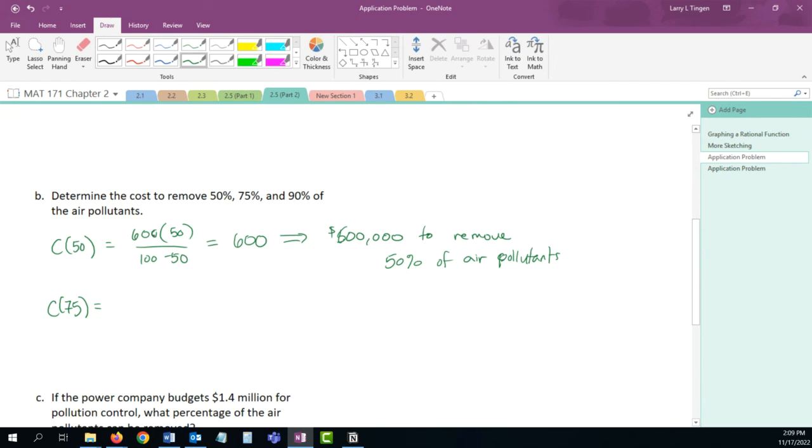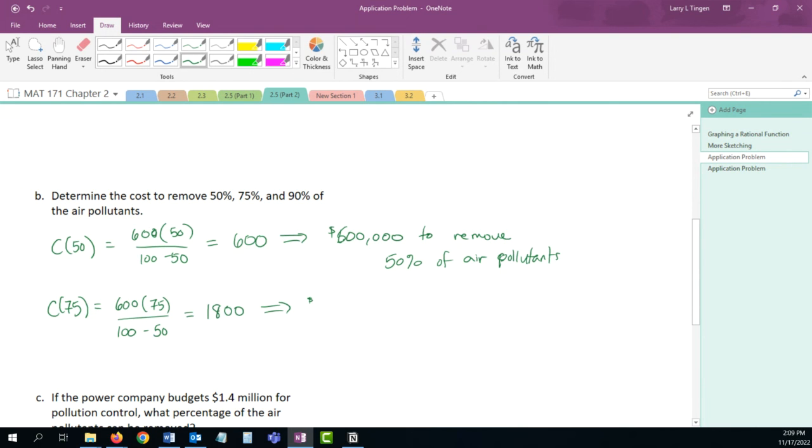Just like it's easy, in quotations, to remove 25% of the air pollutants. It's the rest of it that's hard, right? And the more I want to remove, the more it's going to cost. Same thing with oil. If I want to pump more oil, a lot of the easy to reach oil has already been gotten. So now it's going to cost more to pump more oil.